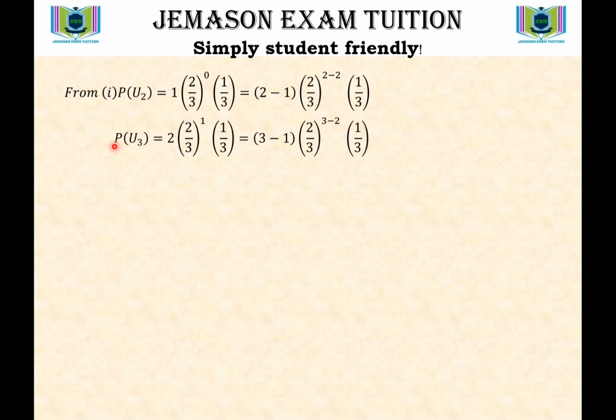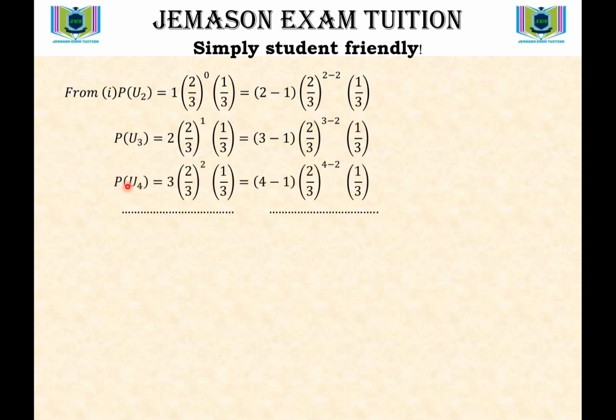To calculate P of U3, this again is the probability of having a white ball in the first 2 trials, because U3 actually implies the probability of having a white ball in the first 3-1 or the first 2 trials, and this is equivalent to 2 times the probability of a black ball times the probability of a white ball, as we saw in the previous part of the question. This also can be written with a certain pattern.